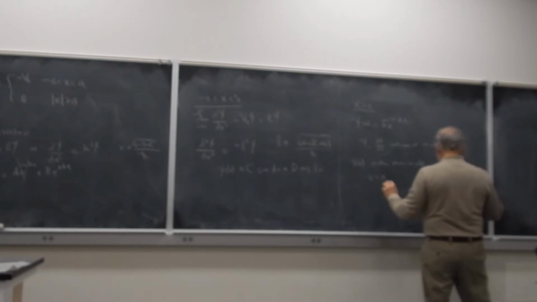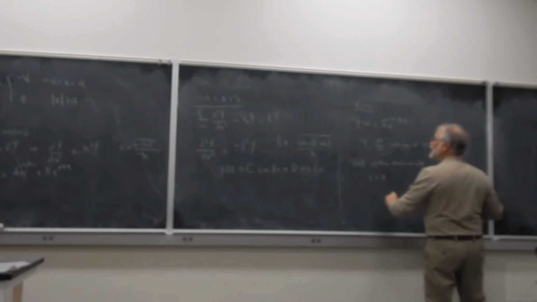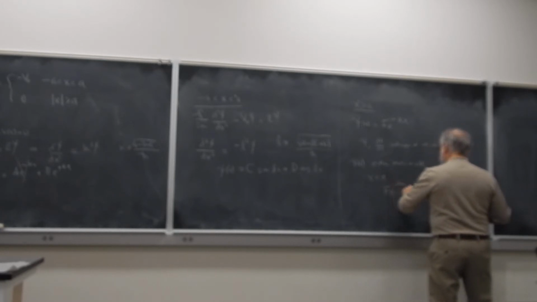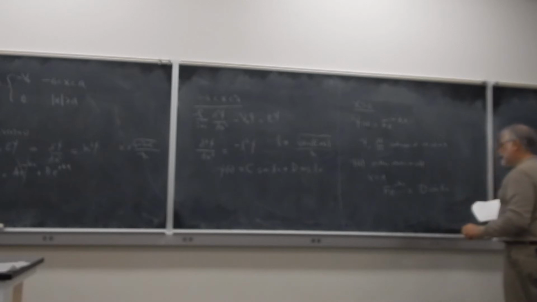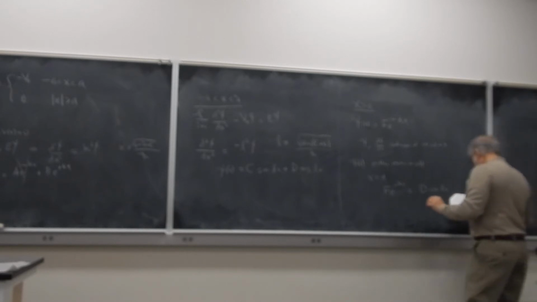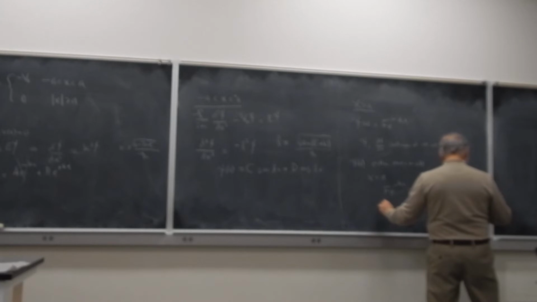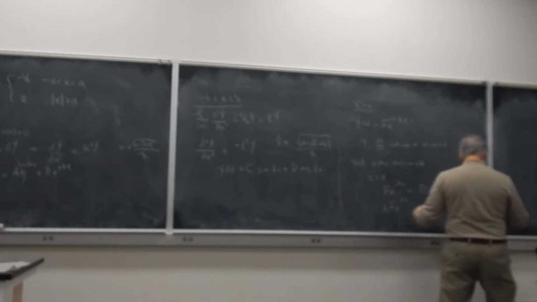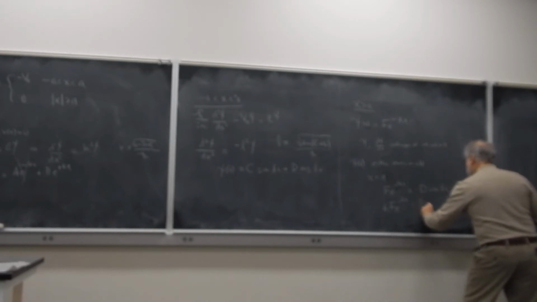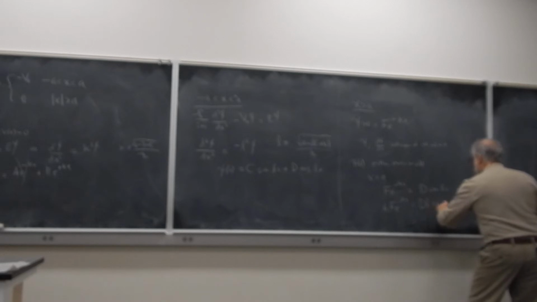For continuity at x equals a, that must mean that F e to the minus kappa a must be equal to D times the cosine of l times a. The same is true for the derivative: kappa F e to the minus kappa a will be equal to D times l times the sine of l a.